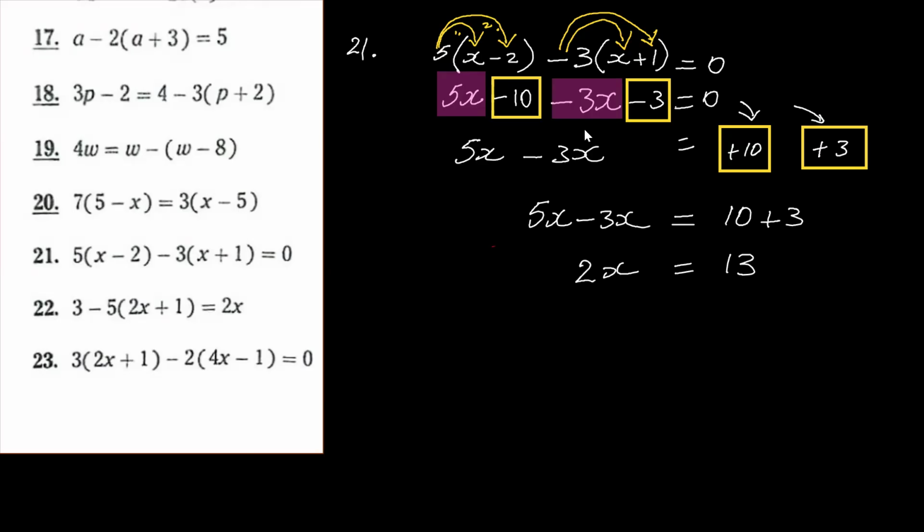That's right. The number in front of the x tells us what to divide by. So this will cancel off, leaving us with x equal to 13 over 2. Everybody okay with that? Yes, sir.